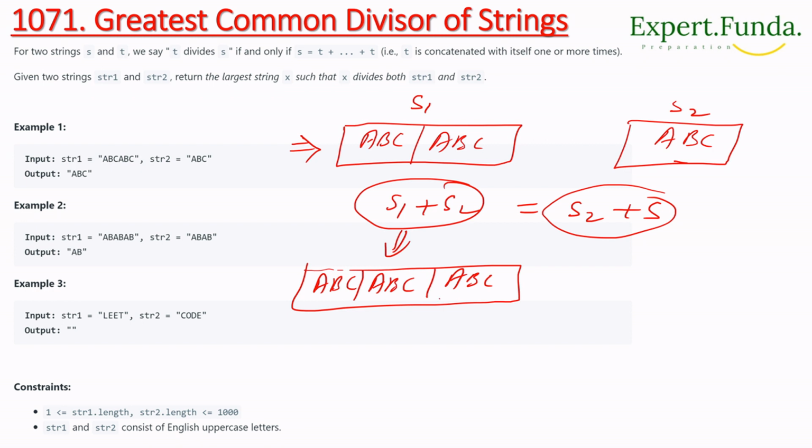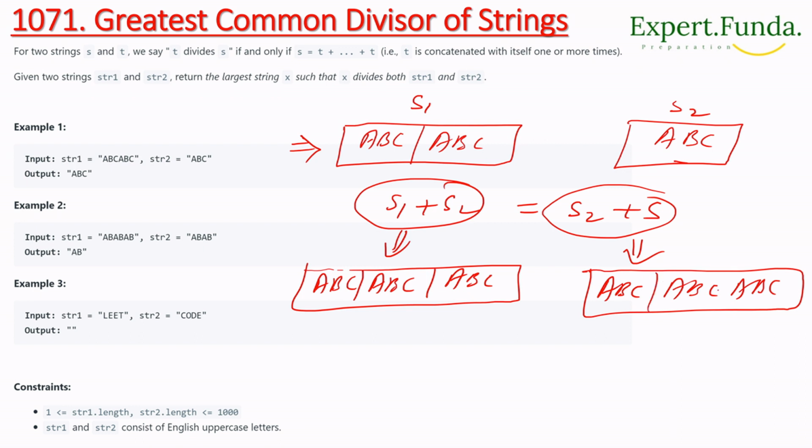Now if we do s2 plus s1, in s2 we have abc, and in s1 we have abc abc. Yes, it is coming, right? So now you can see that both are the same.